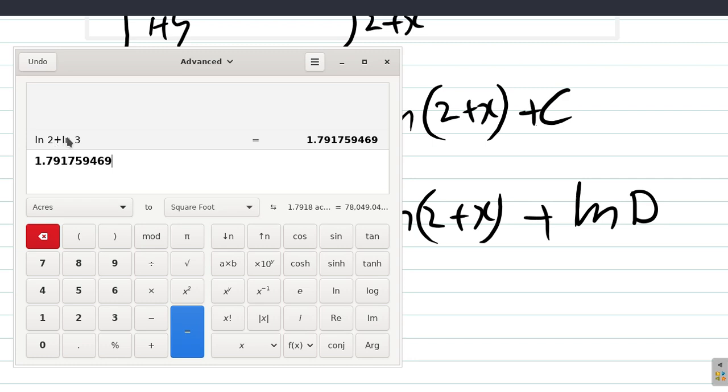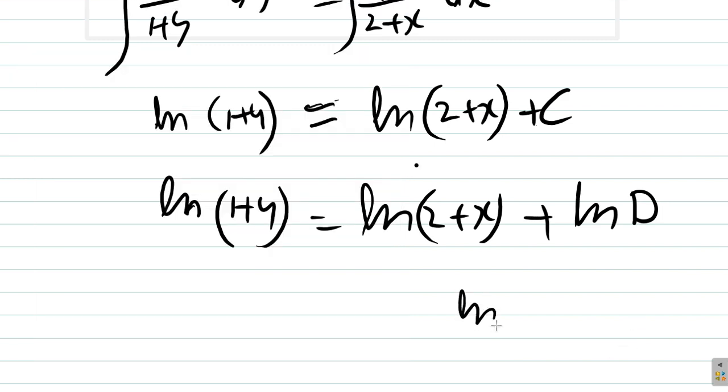Now what is 2 times 3? 2 times 3 is 6. Right? So, suppose you're going to find ln 6. You get the same 1.79. And so on. It reminds us that ln A plus ln B is ln AB. Right?